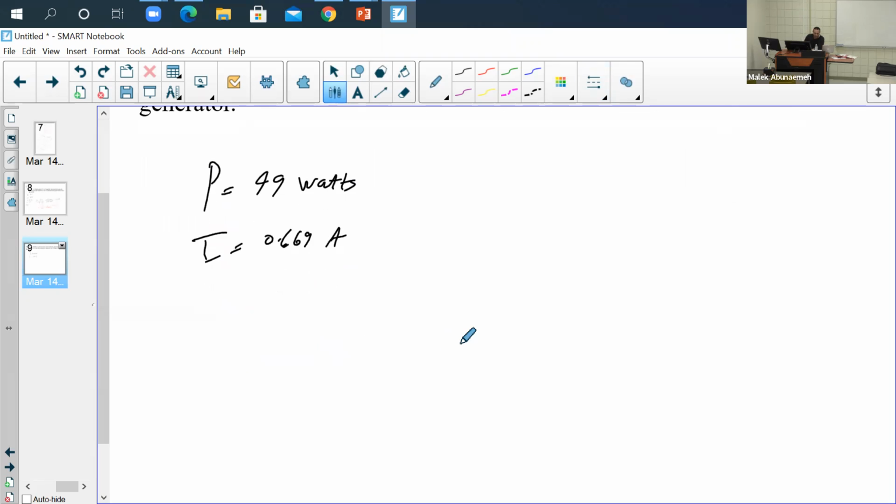And you want to determine the voltage, root mean square voltage, RMS over here.